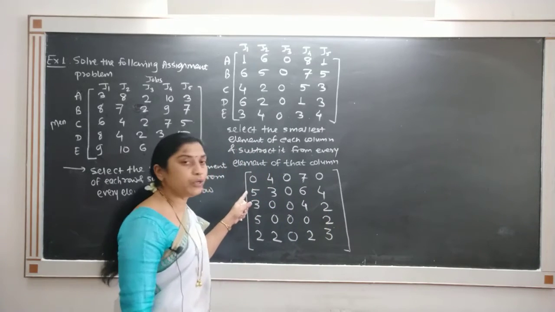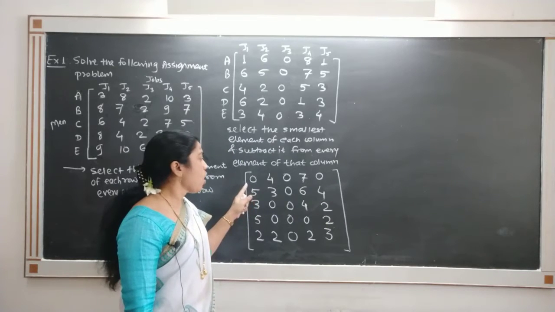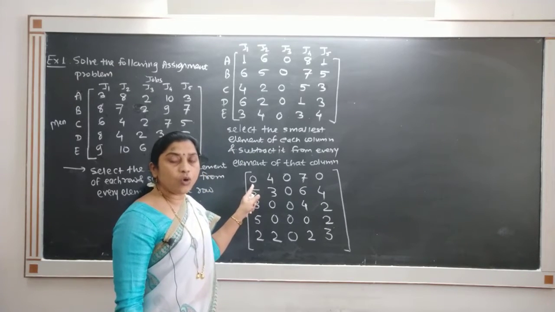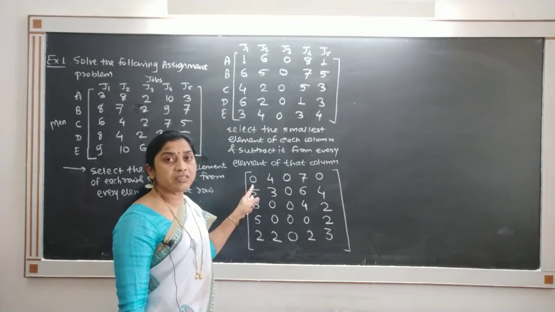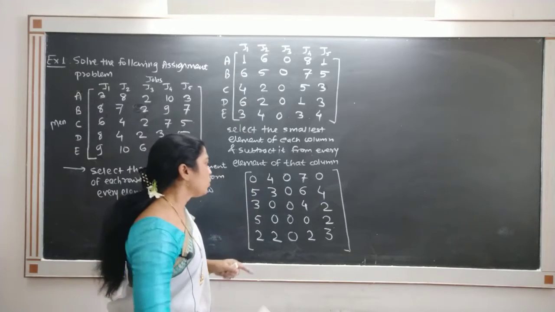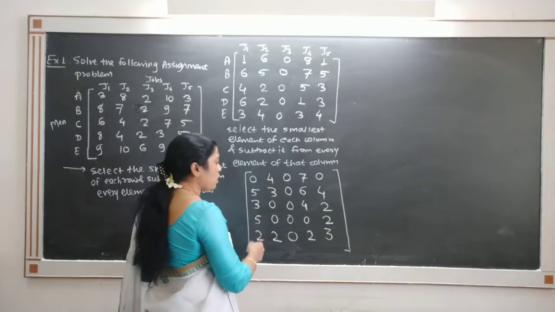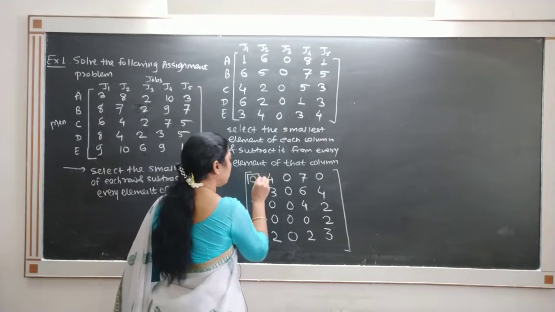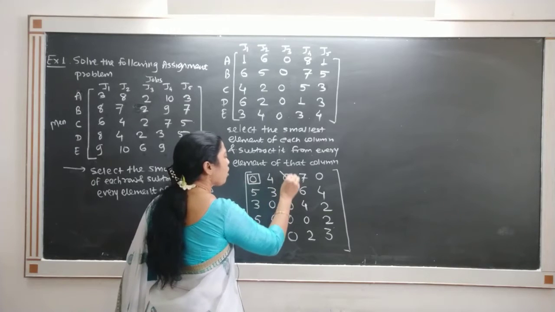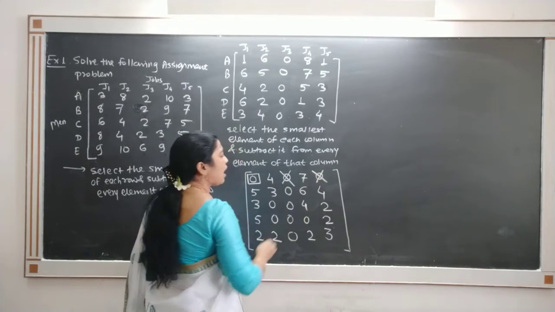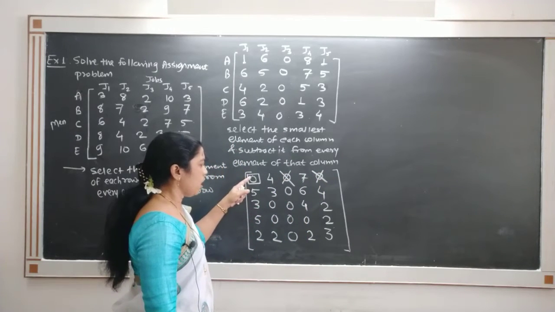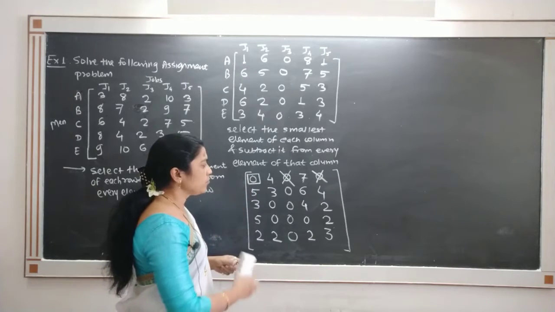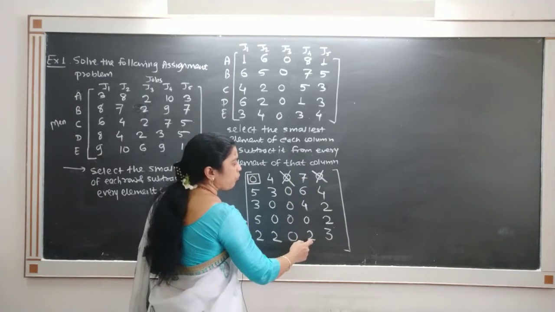Now in this reduced matrix, we consider that row or column which contains a single 0. So observe that the first column contains a single 0. So box that 0 and strike off the other zeros in that row or column. Now again the fourth column contains a single 0.